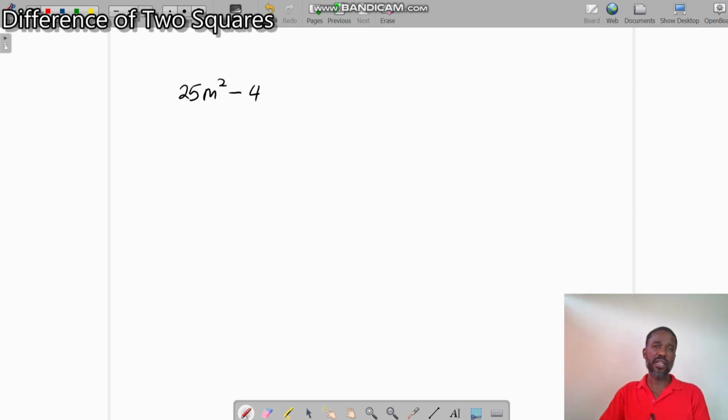So again, you're going to ask yourself, how do we know if this is a difference of two squares? Again, the hint here, the first term here is a square term. So ask yourself, is there a number that can multiply by itself to give you 25? And I'm certain you know that that answer is equal to 5. So 5m squared. And is there a number that you can multiply by itself to give you 4? Again, the answer to that is yes, which is 2 squared. So here, this is now written in the form of the difference of two squares.